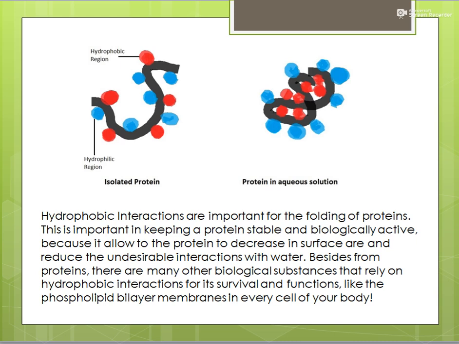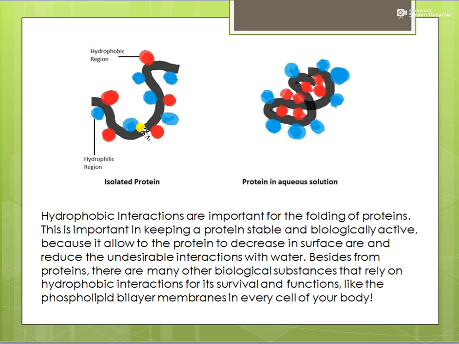Now, let's look at how hydrophobic interactions influence a particular protein. For the folding of the protein, hydrophobic interactions play an important role. They help to keep the protein stable and biologically active, because they allow the protein to decrease its surface area and reduce undesirable interactions with water.